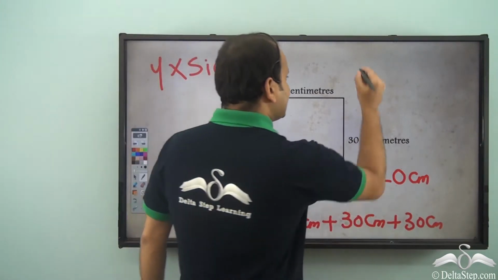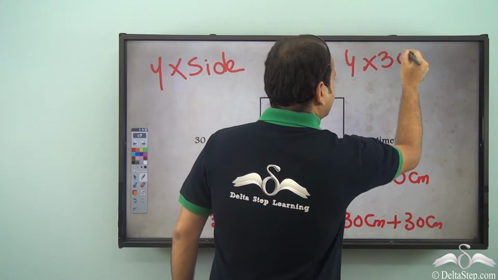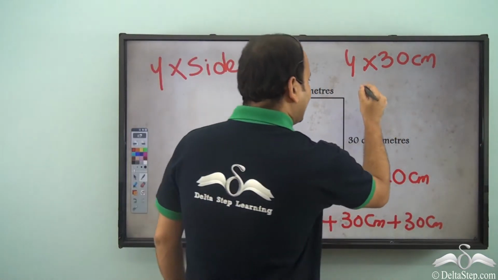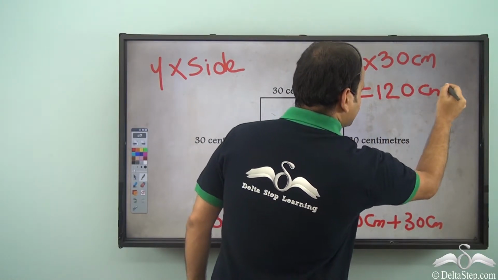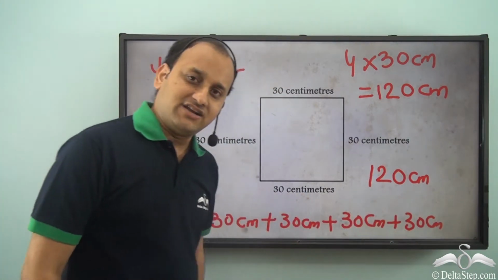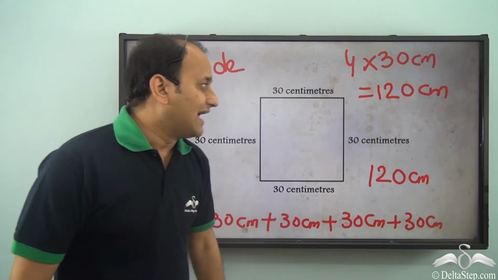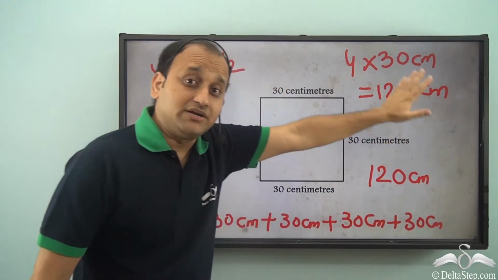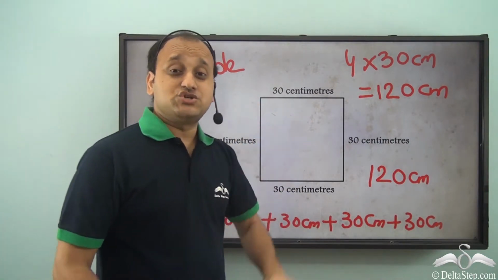So we can write it as 4 into 30 centimeters, which is again 120 centimeters. So you can either add all the 4 sides individually, or you can simply use the formula 4 into side and still you will get the same answer. So 120 centimeter is the perimeter of this particular square.